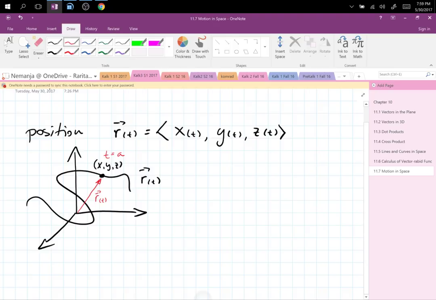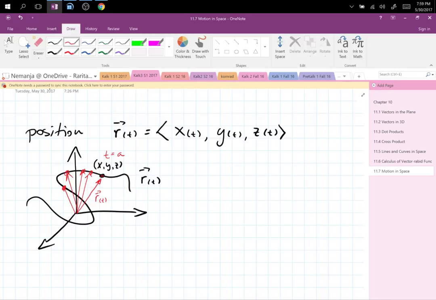If I say t equals a1, a2, a3, a4, a5, and so on, we follow the progression of the point. So with this vector r, given functions x of t, y of t, and z of t, we can trace the location of the object in space.